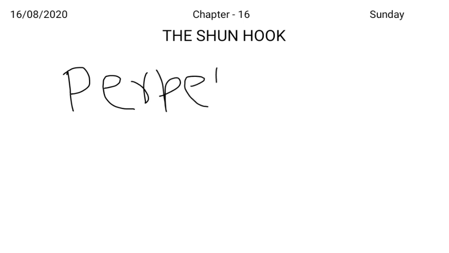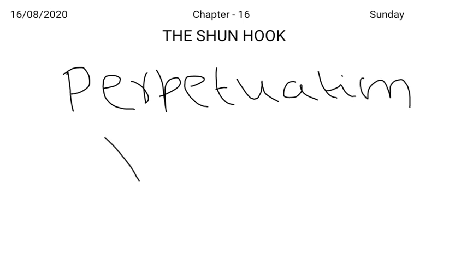But in a few words, this rule is not applied, as in the case of perpetuation. Perpet, now before Shun there is a triphone.